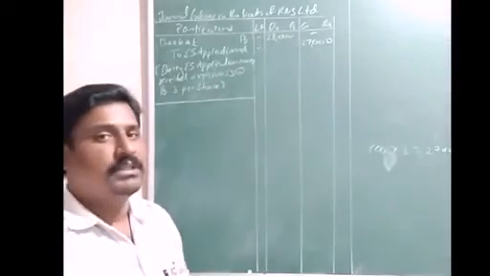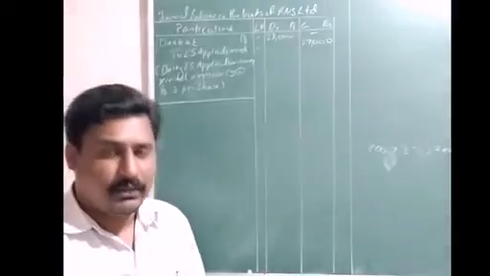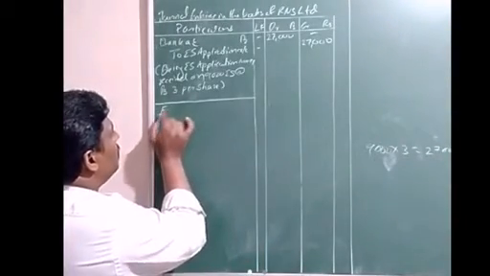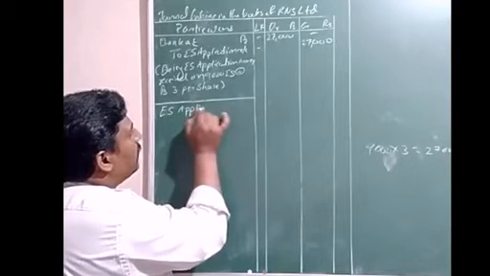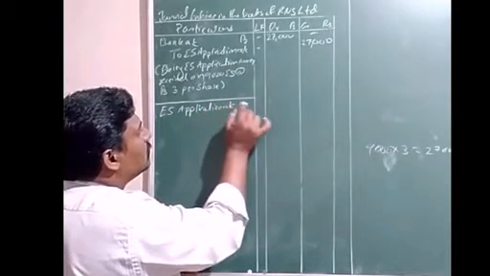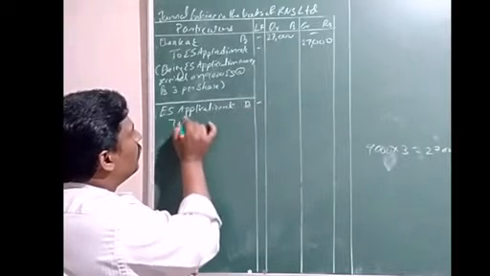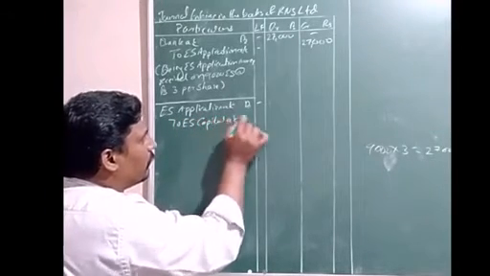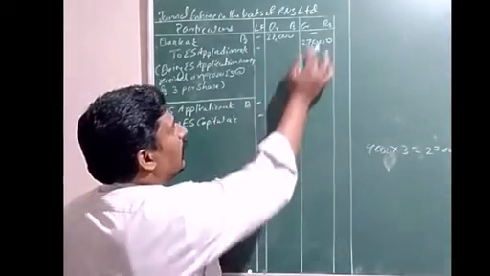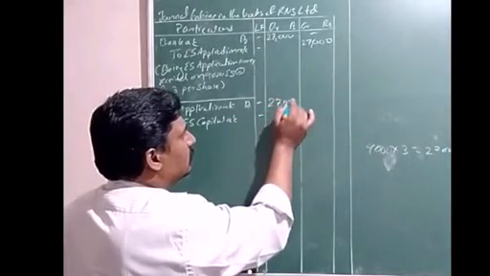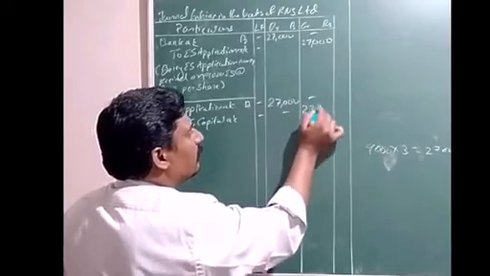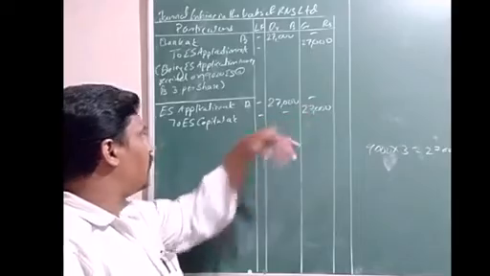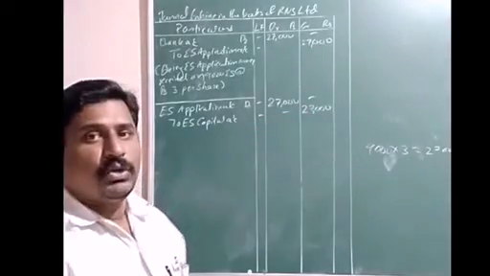Now we transfer this amount to share capital, telling that we have allotted the shares. So equity share application account debit to equity share capital account. The entire 27,000 we transfer to capital here: equity share application account 27,000 to equity share capital account 27,000.